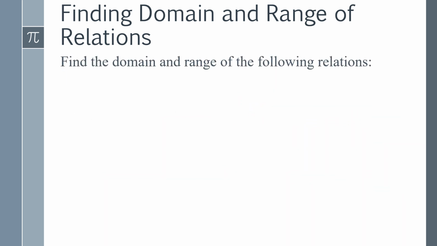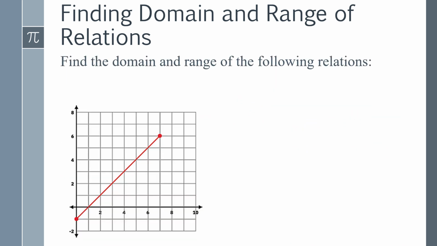Now, in this instance, we have an infinite number of values that run on the domain because this is a continuous function. So the lowest value here of x is right at this point right here.